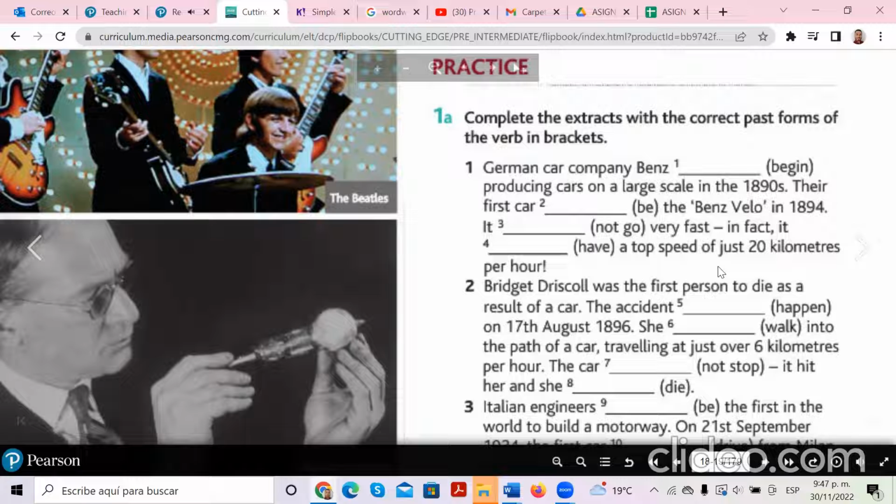She walked into the path of a car travelling at just over 6 kilometres per hour. The car didn't stop. It hit her and she died. 3. Italian engineers were the first in the world to build a motorway. On the 21st of September 1924, the first car drove from Milan to Varese on the Autostrada A9, a distance of about 50 kilometres.